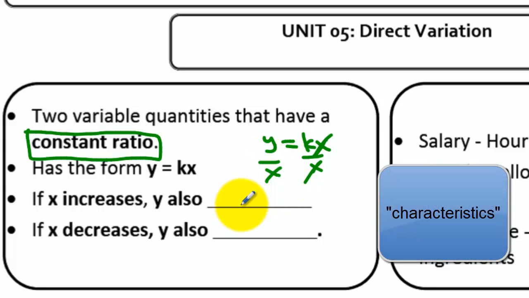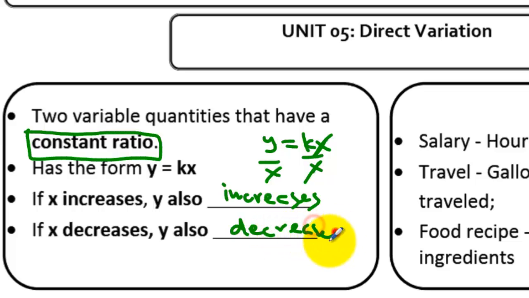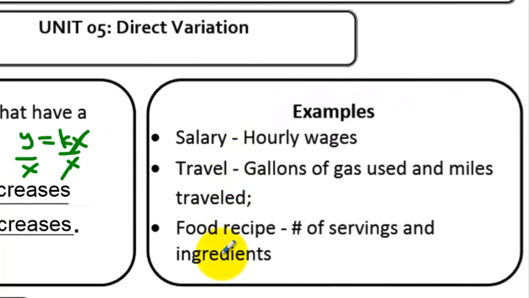One of the characteristics of direct variation is that if one variable increases, then the other variable also increases. If x decreases, then y also decreases. Here are some examples.